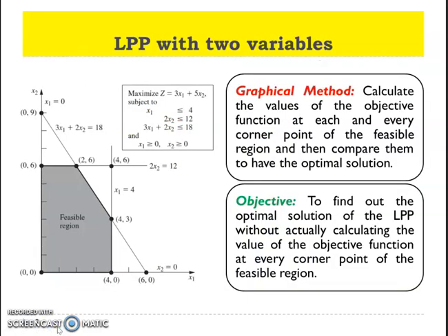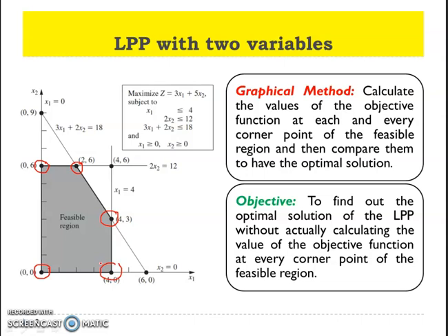In our previous lectures, we have seen that we can solve a linear programming problem with two variables using graphical methods. We find out the corner point feasible solutions of the feasible region. Then we evaluate the values of the objective function at each and every corner point feasible solution. And then we compare the values by which we get the optimal solution of the linear programming problem.